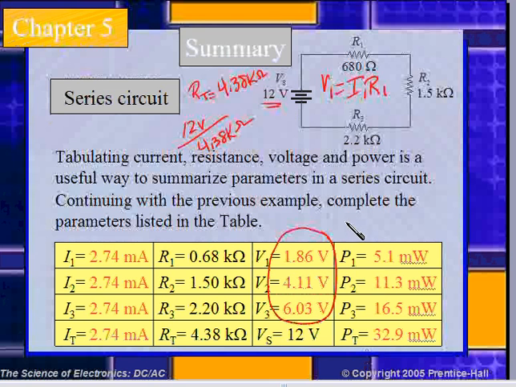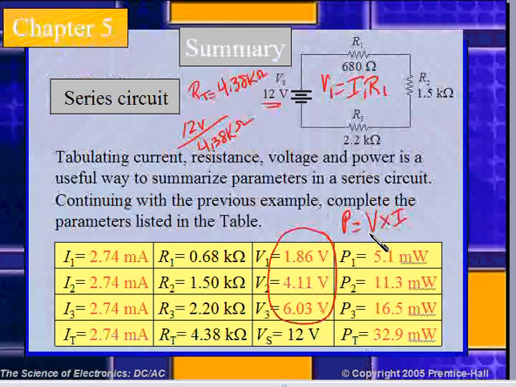To calculate power, I can use voltage times current. The important thing is, when you're using this formula, you have to make sure you use the correct quantities. If I'm looking for the power dissipated by resistor 1, I want to make sure I use the voltage across resistor 1 times the current through resistor 1. Now granted, the current through all resistors is the same because it's a series circuit.